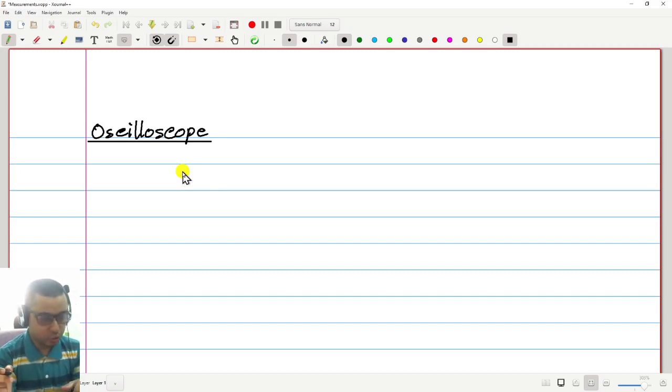You might have seen two types of oscilloscopes. One, the newer ones, which we call the digital oscilloscope or digital storage oscilloscope, DSO in short.